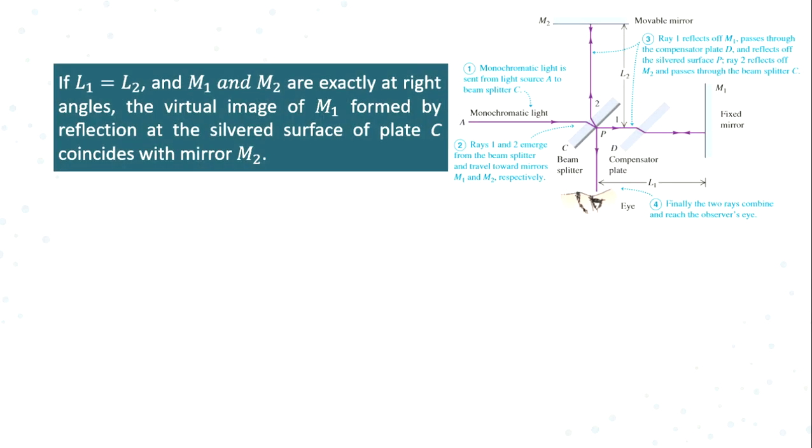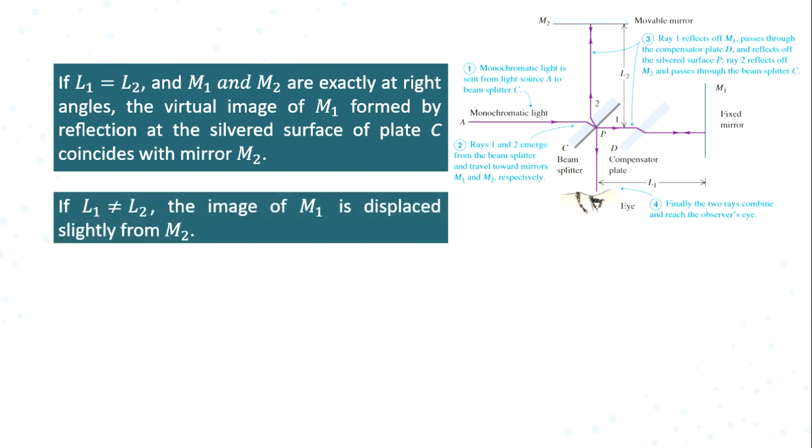If L1 equals L2 and M1 and M2 are exactly at right angles, the virtual image of M1 formed by reflection at the silvered surface of plate C coincides with mirror M2. If L1 is not equal to L2, the image of M1 is displaced slightly from M2.